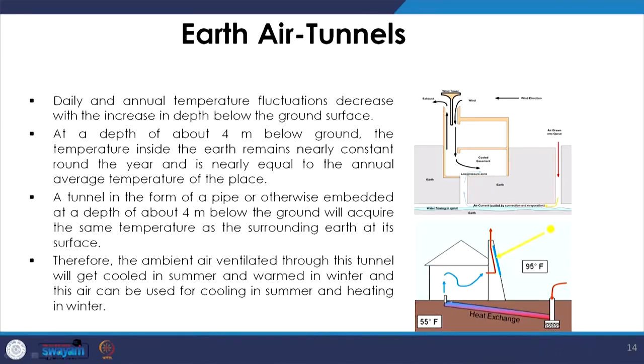This is looking at the heat or energy perspective. However, looking at the soil characteristics and groundwater table, the depth may also vary. So, we construct an earth air tunnel, we take in the air forcefully and let it pass through this tunnel, and the ground surrounding this tunnel is at a constant temperature, which is usually the average annual mean temperature, which is the ground temperature of a place.